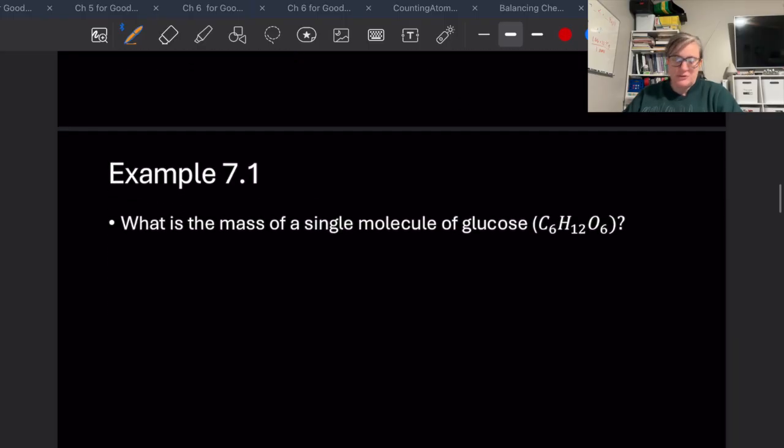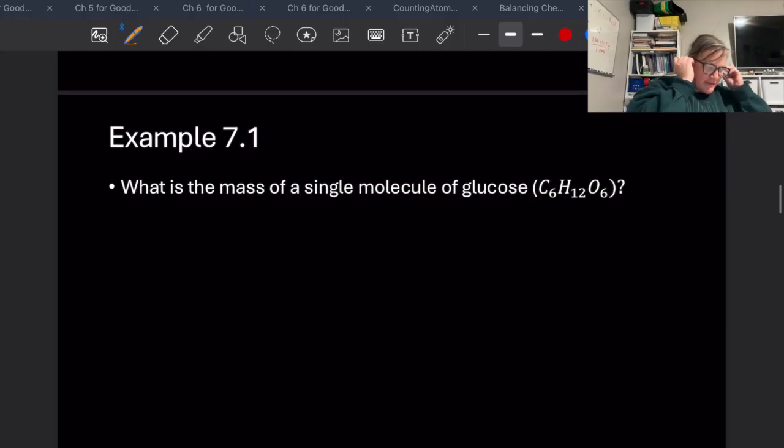Okay, so let's do an example. This is example 7.1, and this is on page 199. This is the section entitled Mole Problems, not just in your backyard. So example 7.1 says, what is the mass of a single molecule of glucose? And they give us the formula for glucose as C6H12O6.